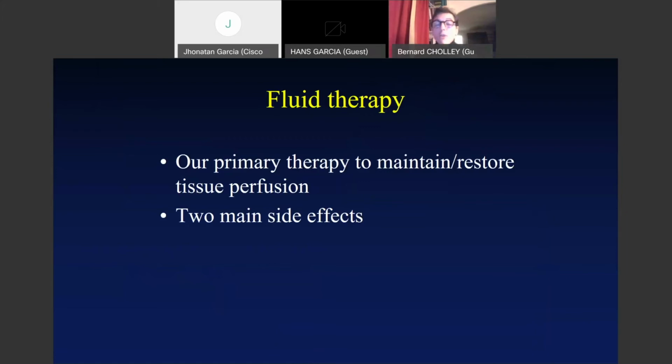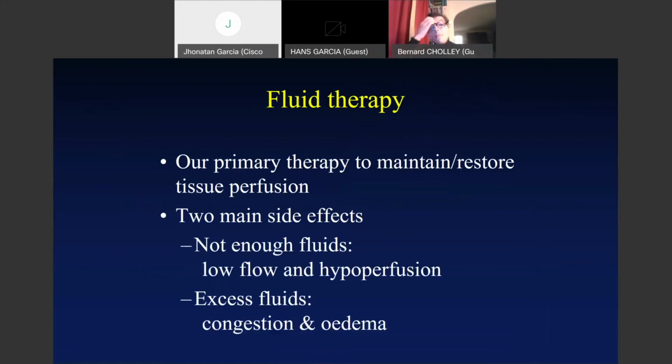So I use fluids for that, but fluids have two main side effects. If I do not give enough fluids, I might have low flow and hypoperfusion in my patients. But if I give too much fluid, I can generate congestion and edema.